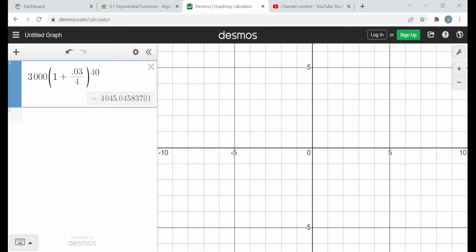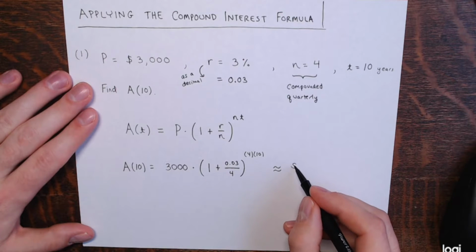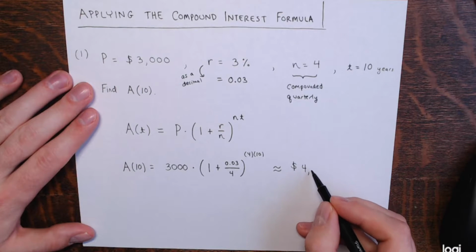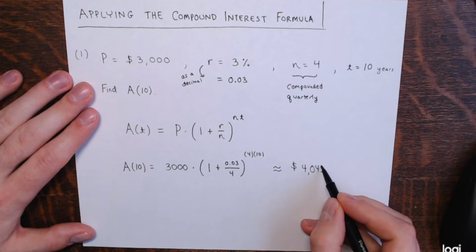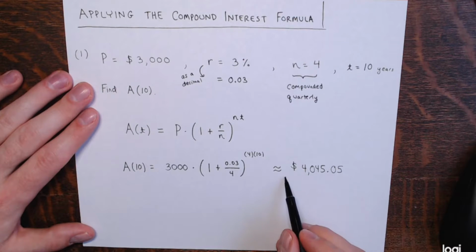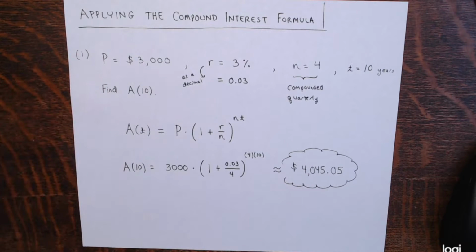And that's what I'll write here. So after 10 years, this is in dollars, the account would be worth approximately $4,045 and 5 cents, if I round to the nearest cent. And that's what they were asking in that example 8 in the text.